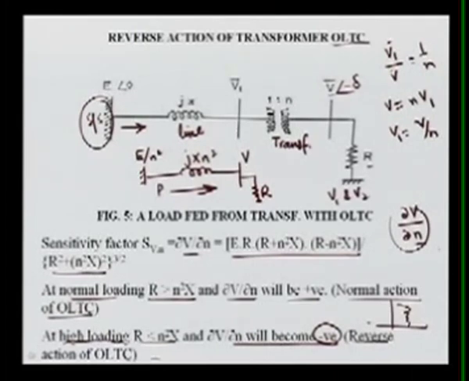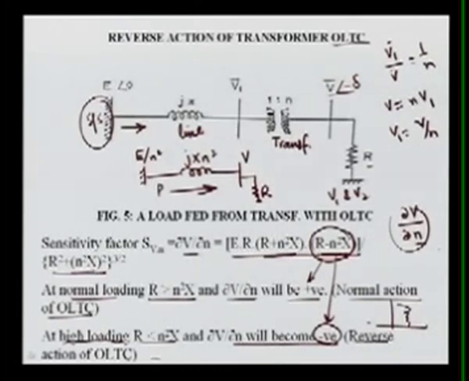From this equation you can say R plus N square X is always positive, and only R minus N square X is coming here. So this value can be negative or positive, because the denominator is always positive. So this depends upon this factor only, and from here we can decide whether it is positive or negative, and it depends upon whether R is less than N square X or more than that.